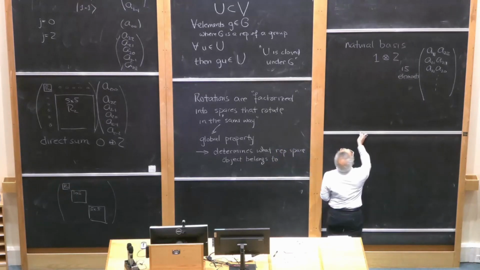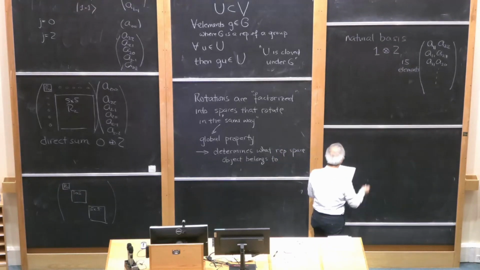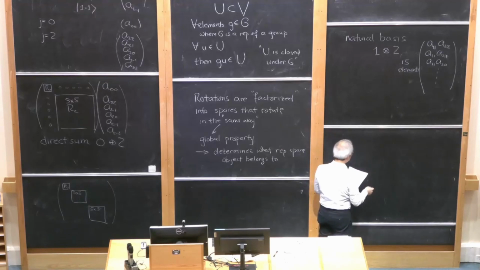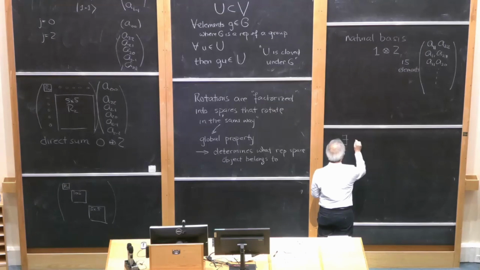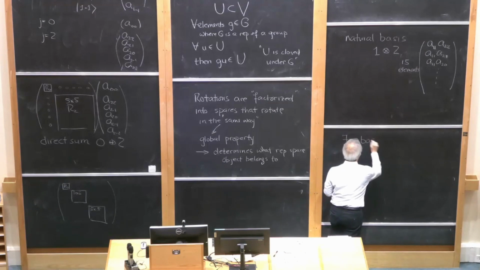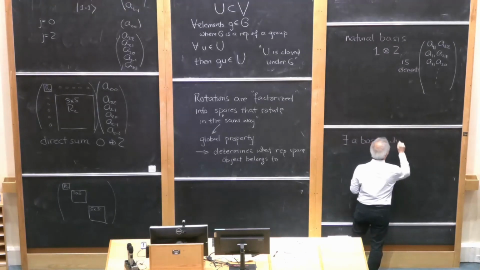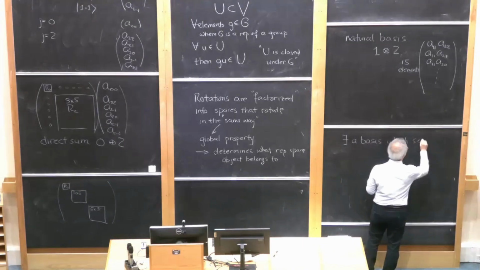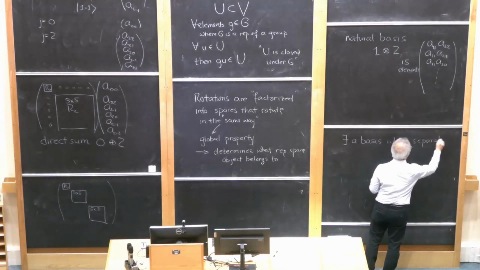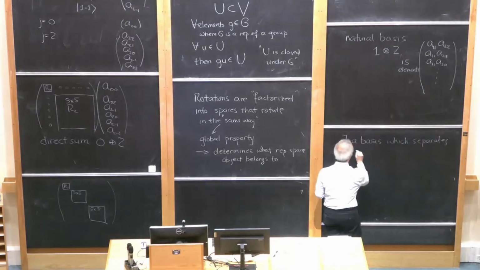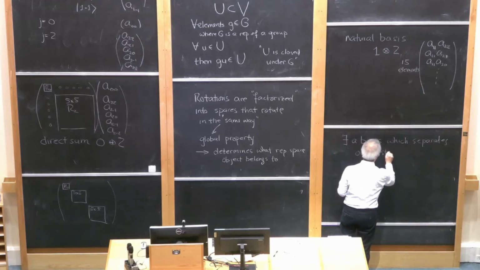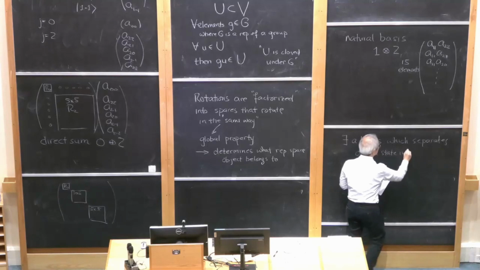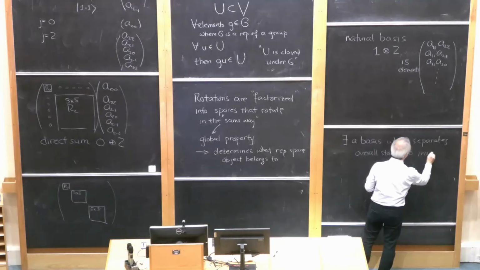So what we like to do instead is to decompose this. We say there exists a basis which separates the overall state into invariant subspaces.